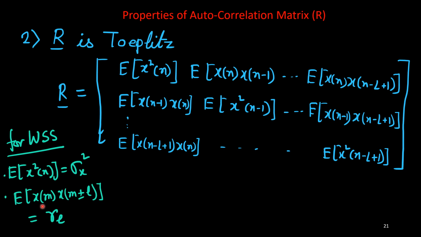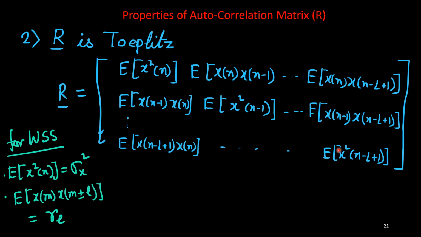It just depends on the difference L, so it is a function of L, which we write as R sub L. So if I replace this, all the square terms should be replaced by sigma x squared. This one is sigma x squared, this is also sigma x squared, this is also sigma x squared. So all these diagonal terms are sigma x squared.